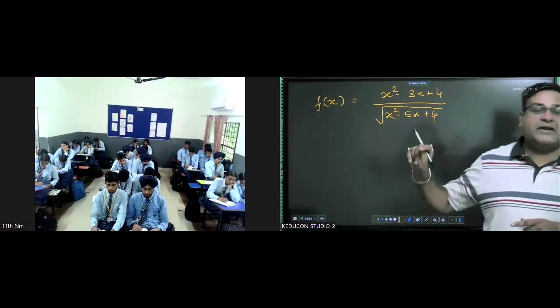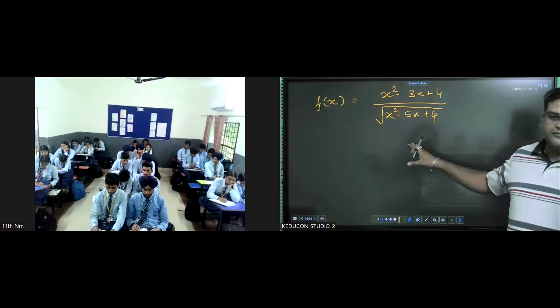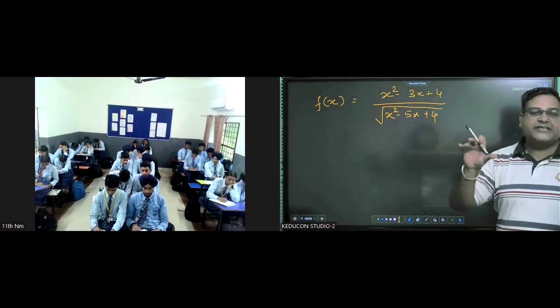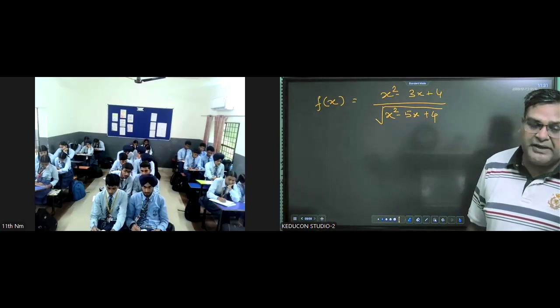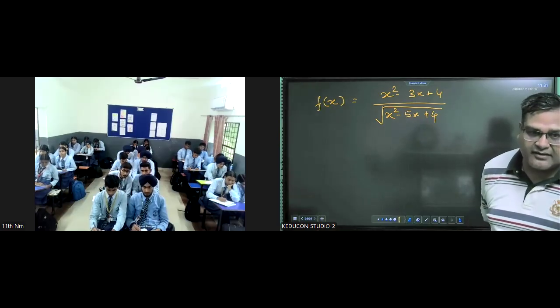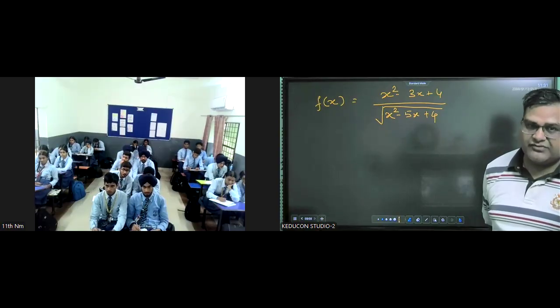Here we have to apply both the conditions, because the denominator should not be 0 and the function inside the square root should be positive.